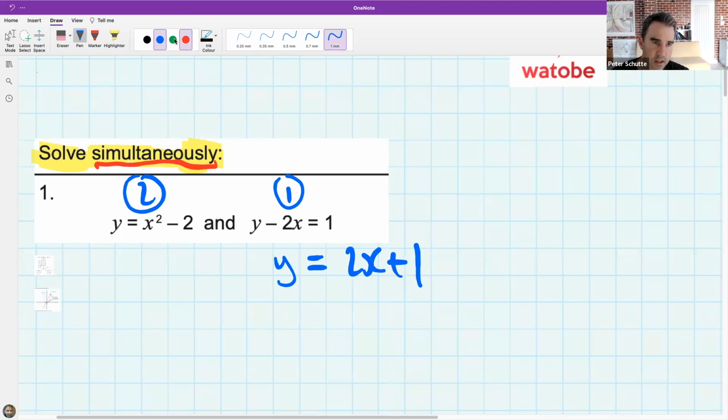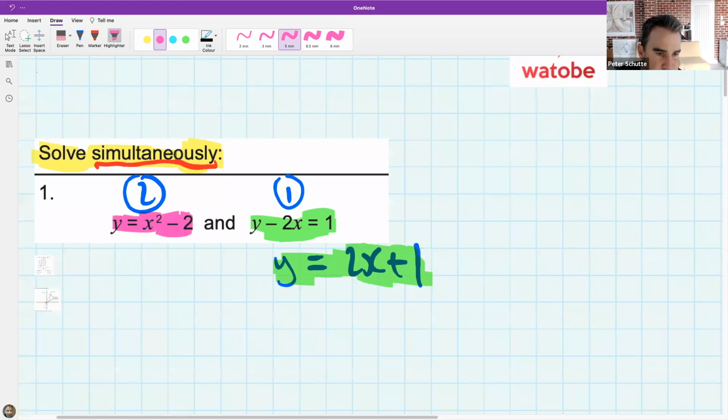Now, this equation over here and this equation over here are the same equation, but I'm taking the one that is easier to deal with, and I'm going to sub it into the other one, which I'm going to call the pink one. And when I sub it in, I'm going to get 2x plus 1.